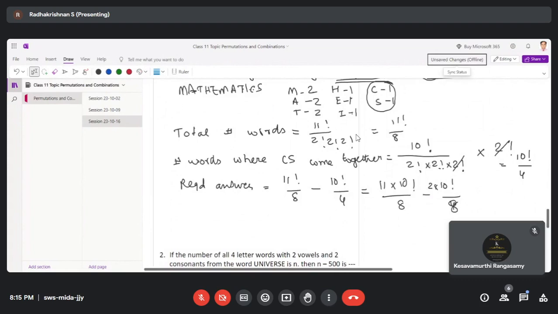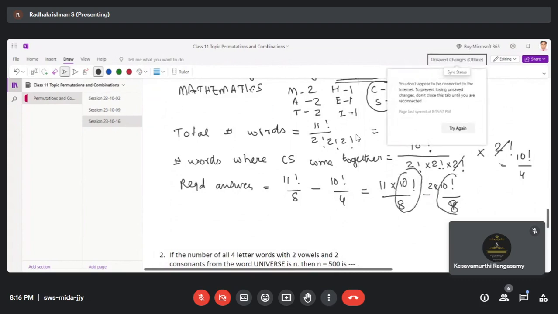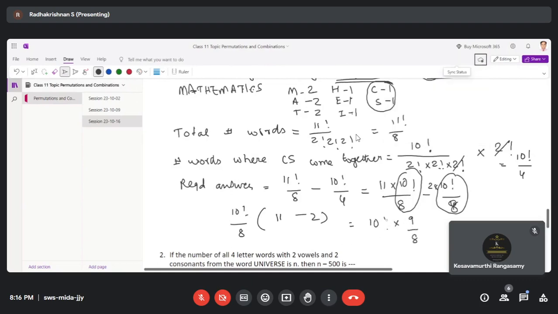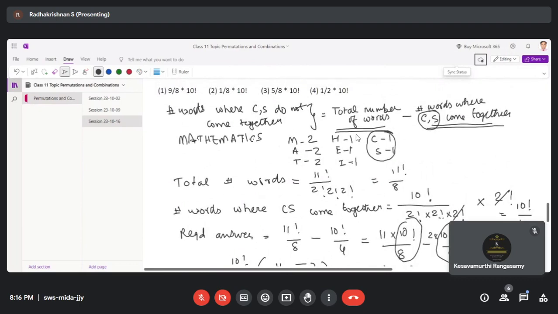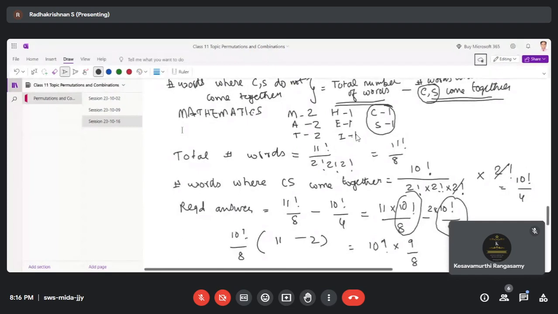So now we take this 10 factorial divided by 8 out. What happens? 10 factorial into 9 by 8 is what you get. So which option is giving 10 factorial into 9 by 8? There is an option, right? Option 1.